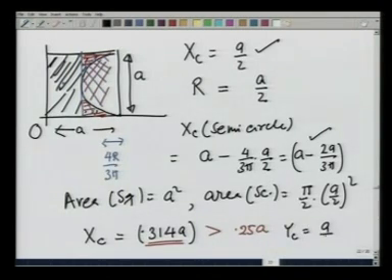So, I have given you two examples of how to use the observation that the centroid of a given area is actually a weighted combination of centroids of the areas making this joint area, to calculate centroids of complicated shapes.